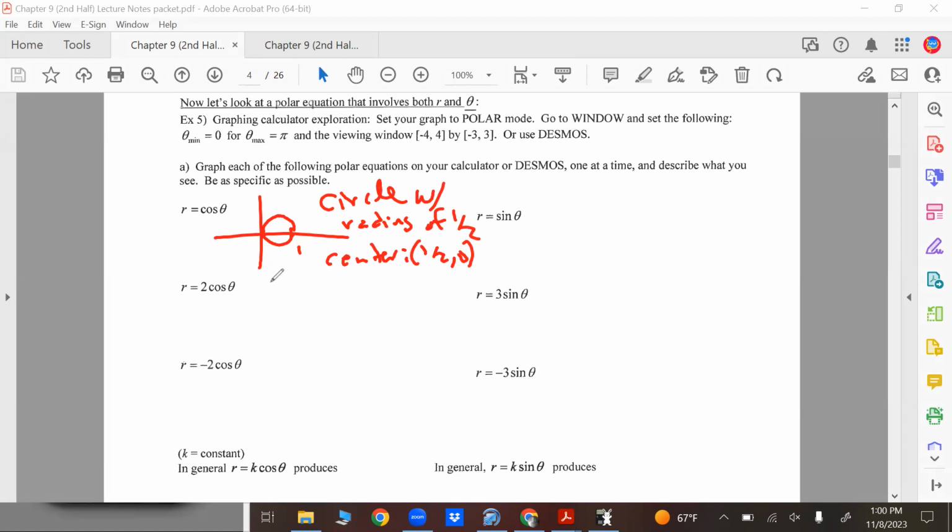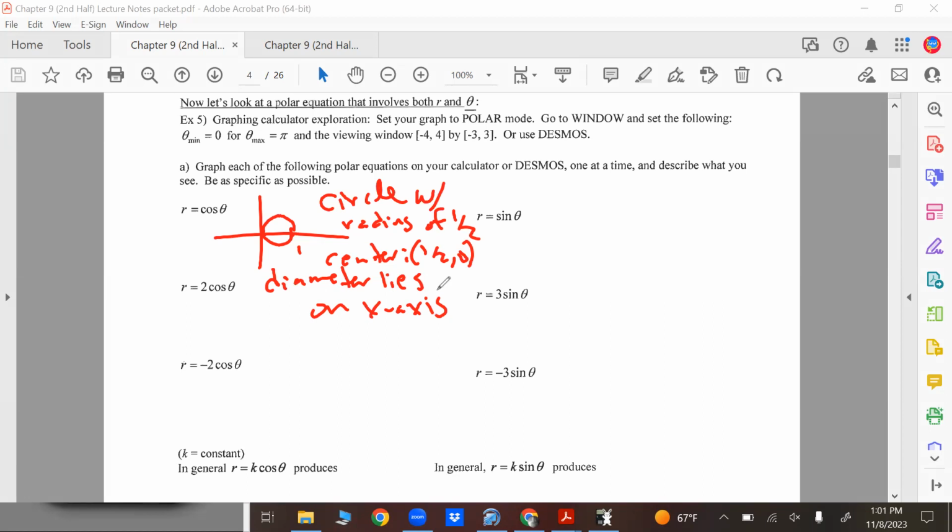The diameter lies on the x-axis. So I'm just offering as much description as possible. Circle with radius of 1/2, center at (1/2, 0), diameter lies on the x-axis. I think that's good enough. I don't know. Works for me.